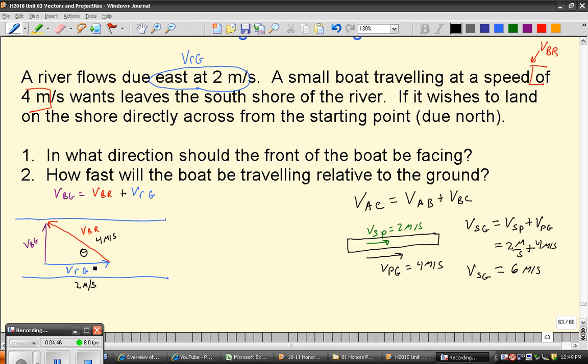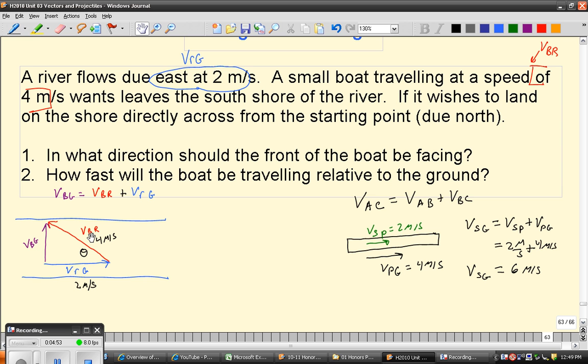If you look at this side, this is kind of like an adjacent side, the river side. This is like a hypotenuse side. If I want to get the angle, that theta is going to be the inverse cosine of the velocity of the river relative to the ground, because that's the adjacent side, over the velocity of the boat relative to the river, because that's the hypotenuse.